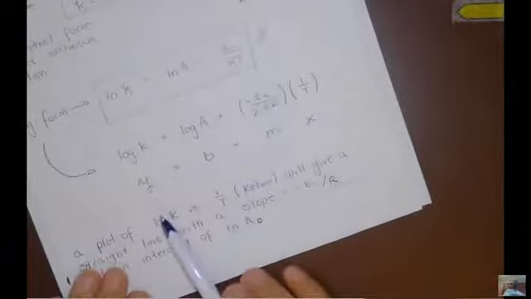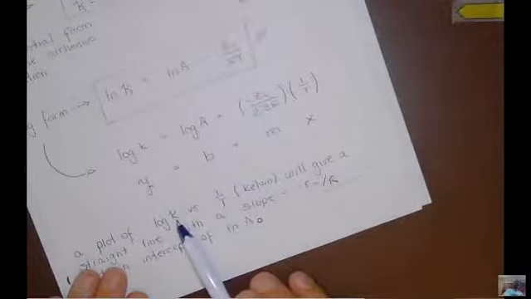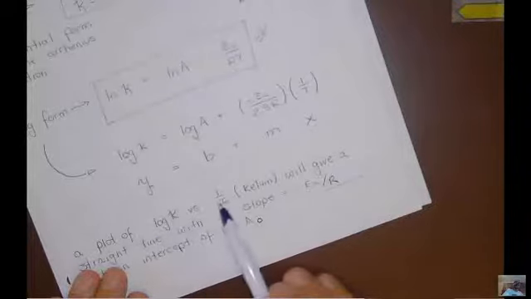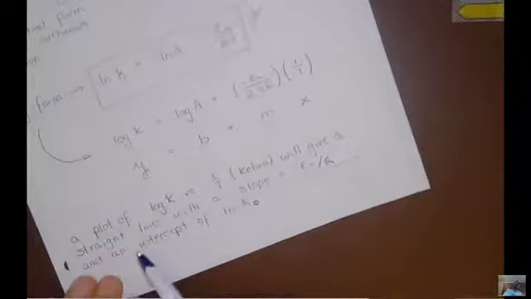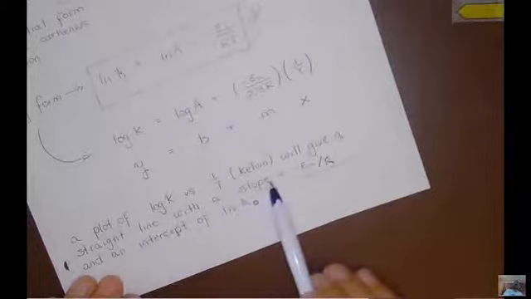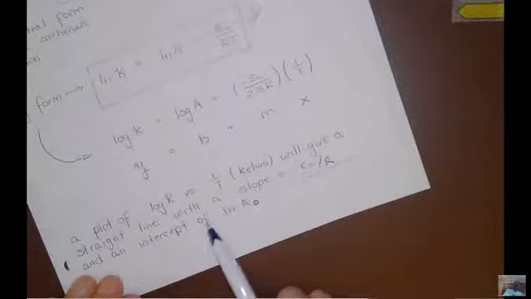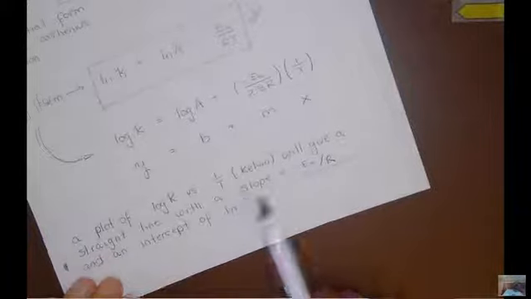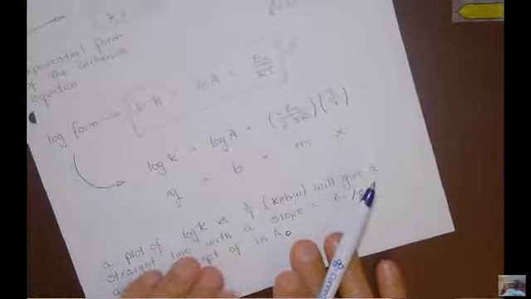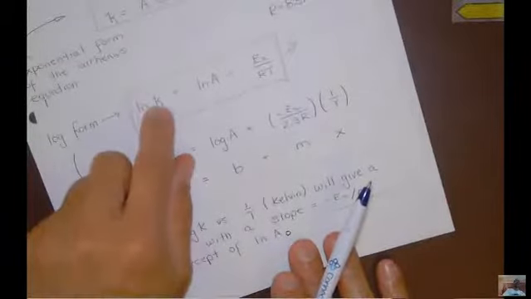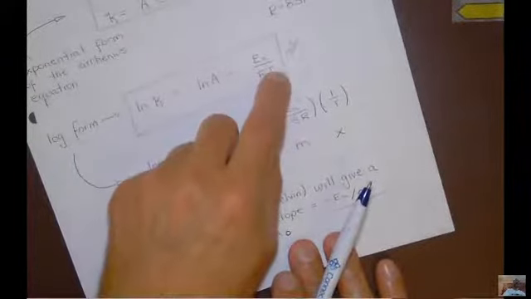Okay, so a plot of the log of K or the ln of K versus the Kelvin temperature will give a straight line with a slope equal to minus EA over R and an intercept of ln of A0. Any order. This is the relationship of the rate constant with temperature.